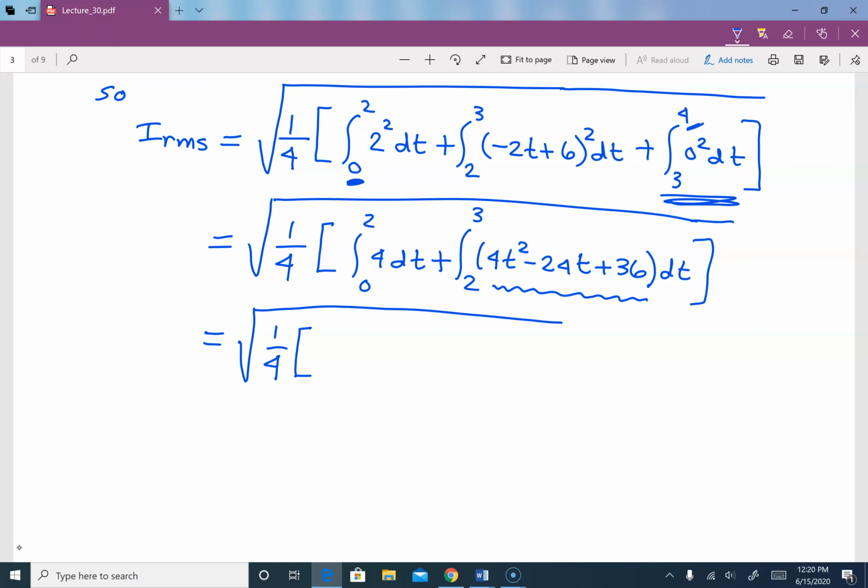Now the integral of 4 dt is 4t, and that goes from 0 to 2, plus the integral of 4t squared minus 24t plus 36, that is 4t cubed over 3, minus 24t squared over 2 plus 36t, and that goes from 2 to 3.